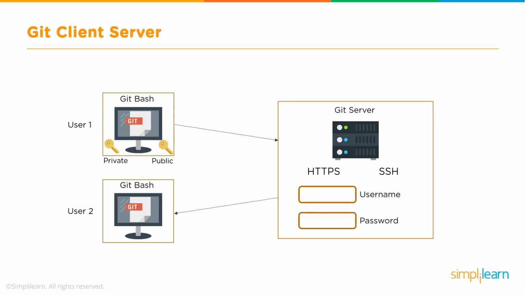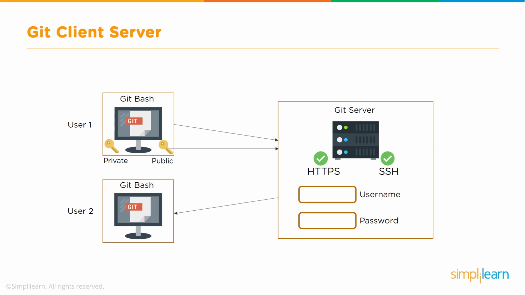Then I take this public key and post it onto my account within my Git server, so that whenever I connect next time using my command prompt or any of the tools, it's going to challenge me for my passphrase. As long as I remember my passphrase correctly, I can authenticate myself and get into the server. So both HTTPS and SSH are popular ways of communicating with the Git server.